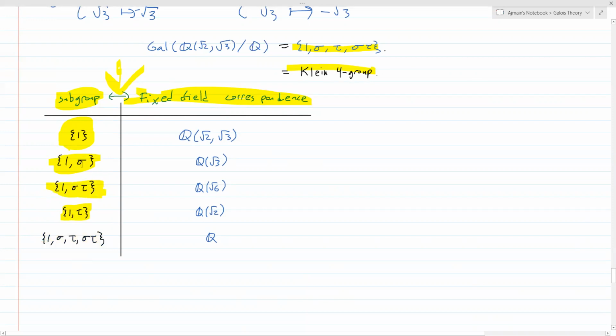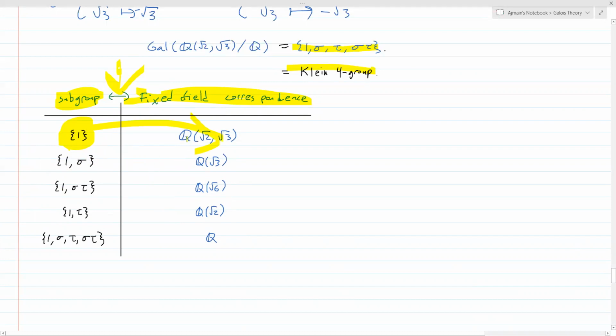So these are all isomorphic to Z cross 2Z. And if you look at their fixed fields, these are all quadratic extensions, degree 2 extensions. So somehow the degrees of the extensions are related to the orders of these subgroups. And you have this correspondence.